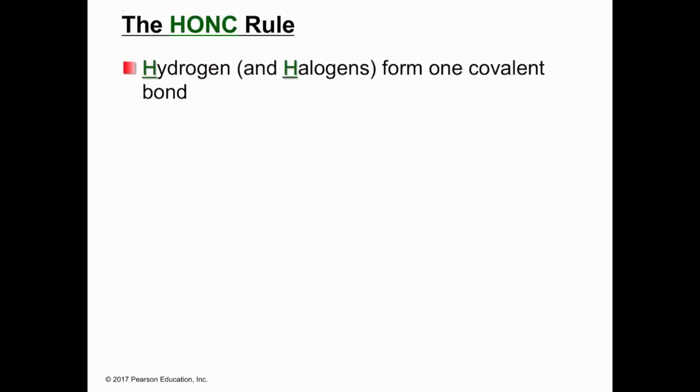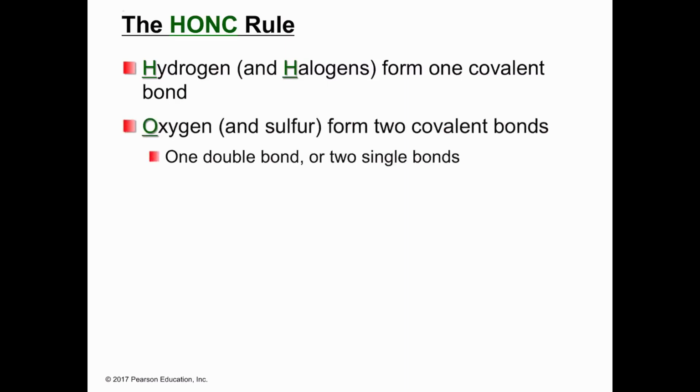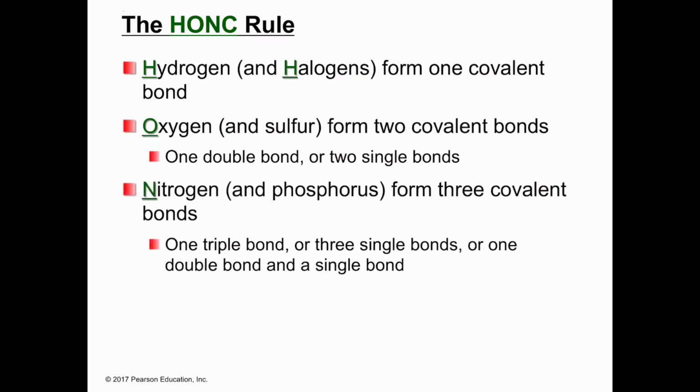One last rule, though, that will make your life easier is the HONC rule. Hydrogen and halogens, right? Remember the ones next to the noble gases are called halogens. So hydrogen and halogens all form one covalent bond. Oxygen and sulfur and anything under that form 2. And then nitrogen and phosphorus and anything under that form 3.